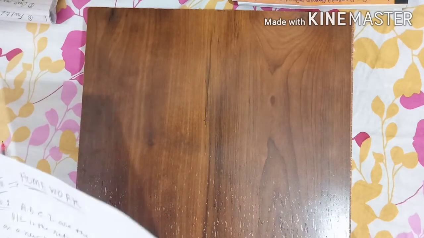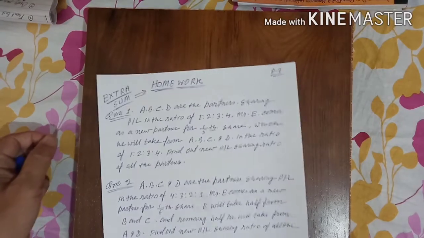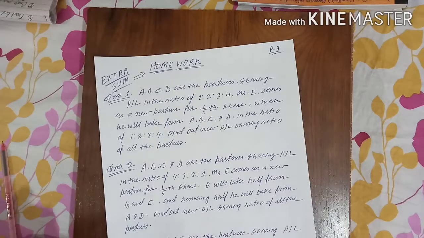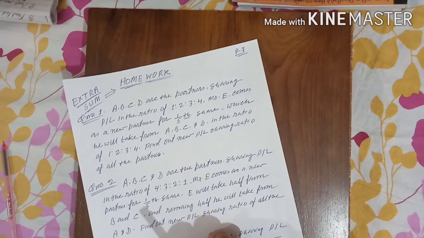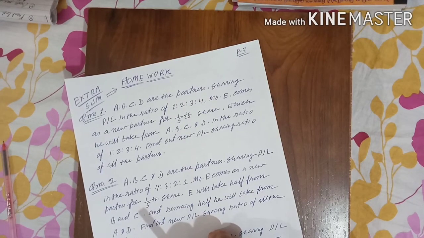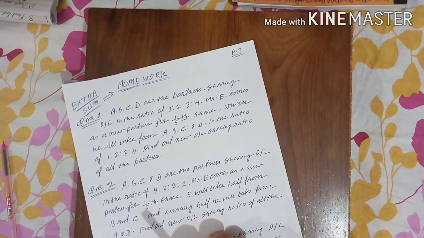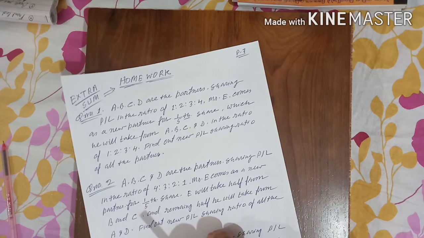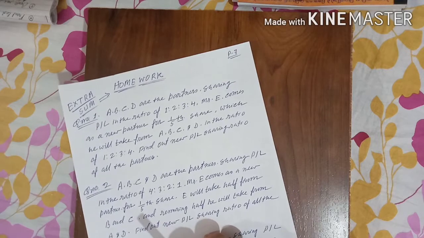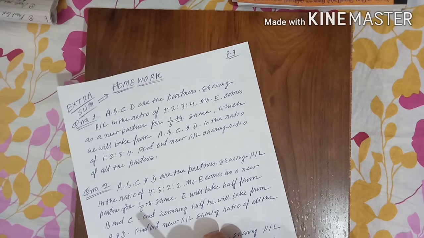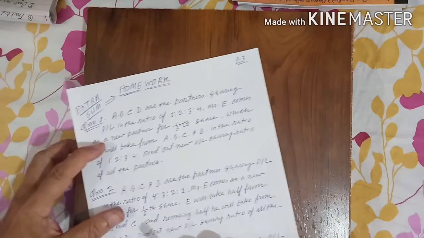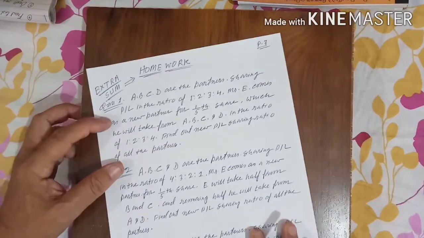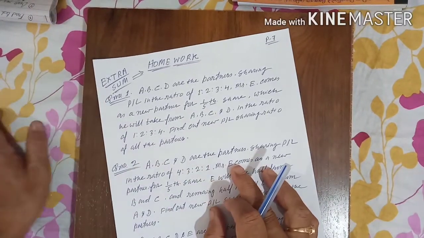Next, I want to give you some homework, and you will practice this homework at your home. Apart from your textbook, where the illustrations as well as the exercise sums are given, you will do all of them, and after that you will do these extra sums, whatever I taught you.